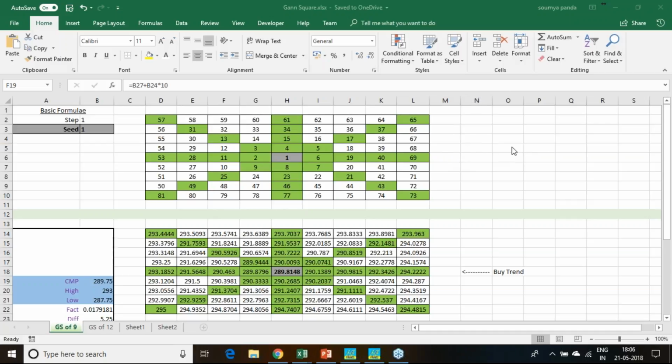and in this numeric arrangement, if it starts with 1, it goes to a maximum of 81. W.D. Gann has said each number is involved with another number through a degree relationship.